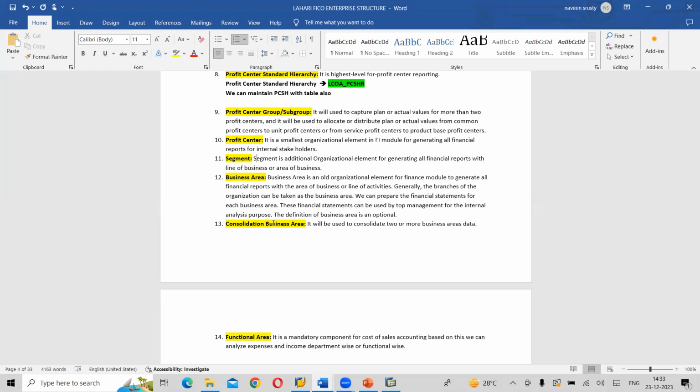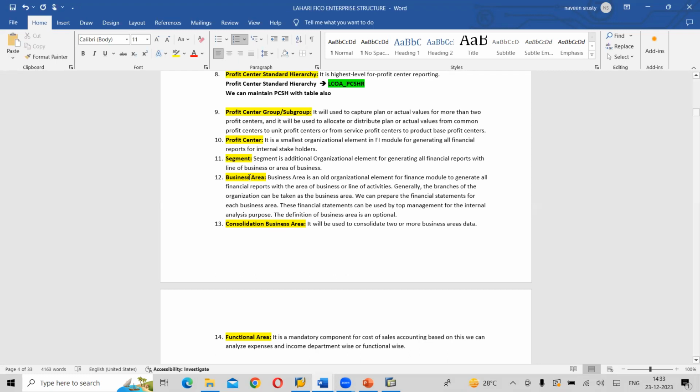In winter, I know pretty well that there would be fewer sales of air conditioners. Correct. So I would like to know how much sales I have done product wise, and how much branch wise. For that internal analysis purpose, these two components will be useful, segment and business area.